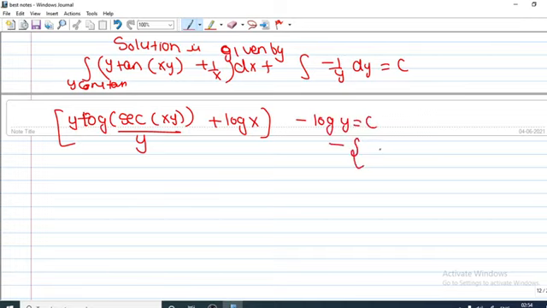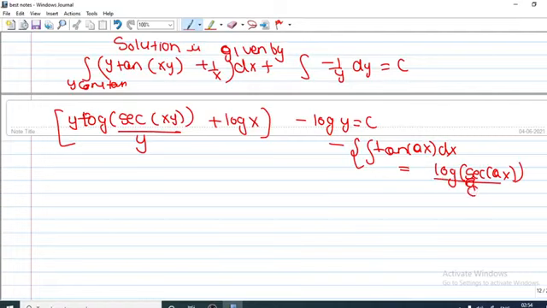Okay, I will write the formula here. You may not know the formula. Integration of tan ax dx is nothing but log of sec ax, the whole upon a.